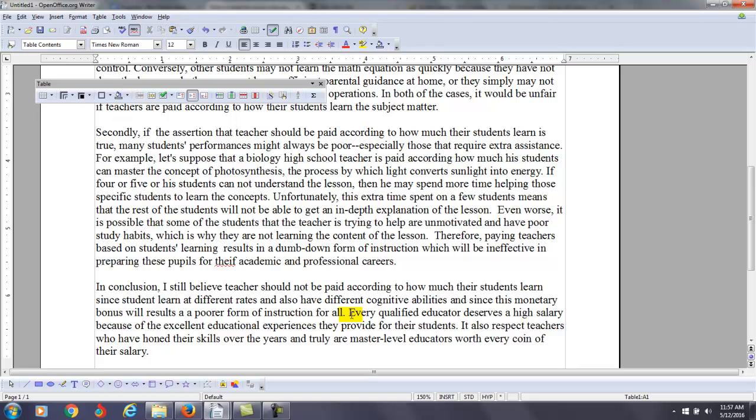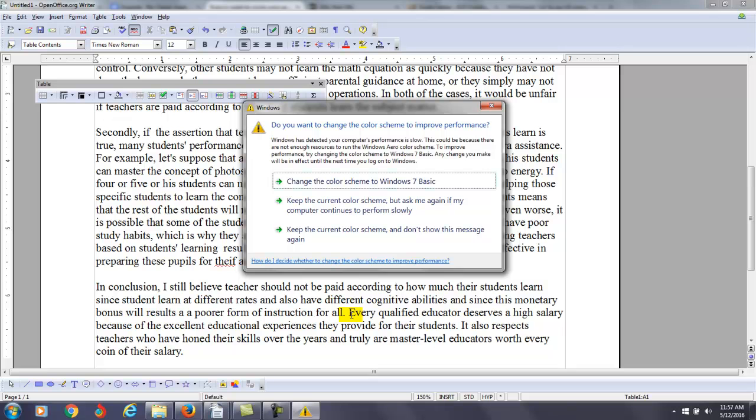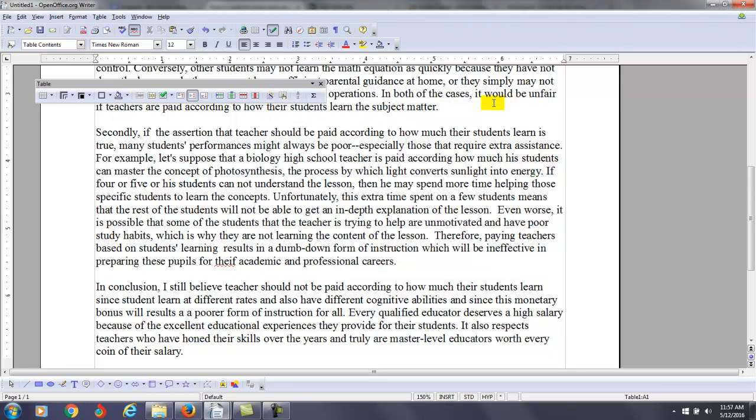It also respects teachers who have honed their skills over the years and truly are master-level educators worth every coin of their salary. I like that. I like what you said at the end there. That's effective.